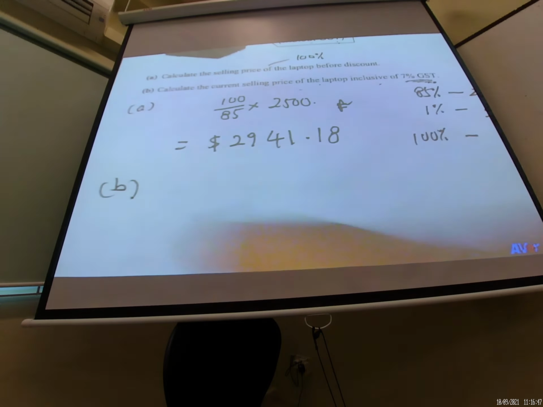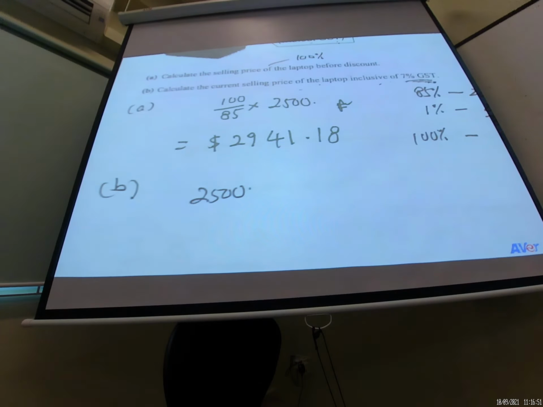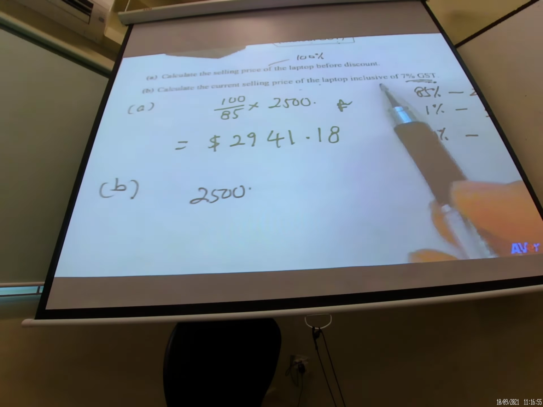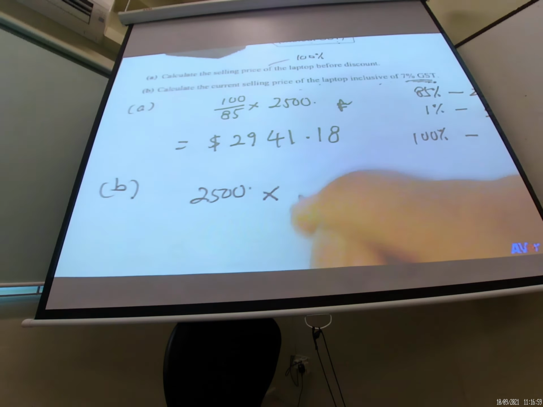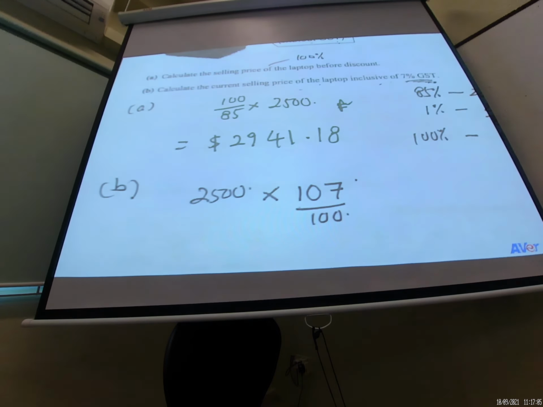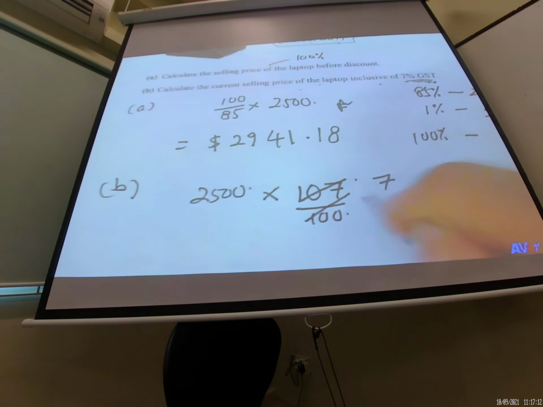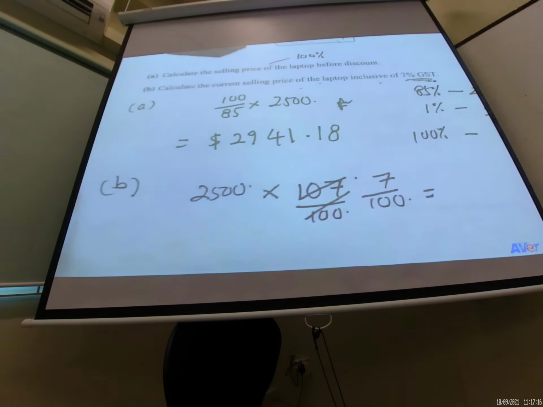Okay, so $2,500 is now the 100% of the selling price, and then if we want to add GST, it means that we need to add another 7% to this $2,500. Or you can first find how much is 7%, how much is the GST.